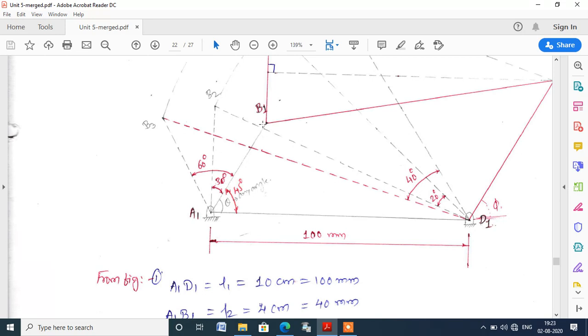Angle you have to take with reference to A1 B1. So draw A1 B2 dotted line at an angle 30 degree and length is same, that is 40 mm. Then draw another A1 B3 at an angle of 60 degree, but 60 degree you have to take from A1 B1 initial position. So take 60 degree and draw A1 B3.